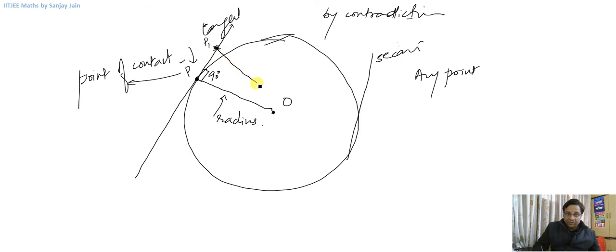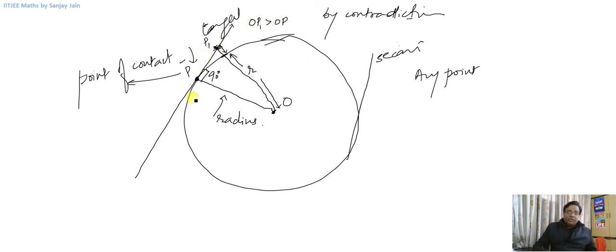If I try and join this with center O, then this segment OP1 has got two parts. One of these is up to this point. Now this much part is radius, and this part of the segment is extra. So what I mean to say is OP1 is greater than OP.